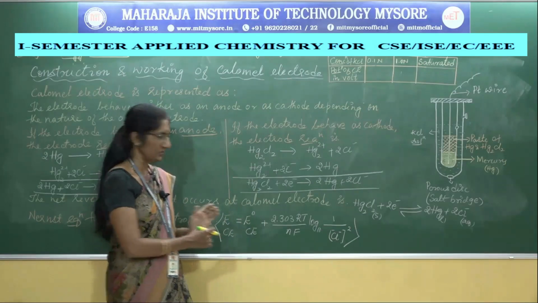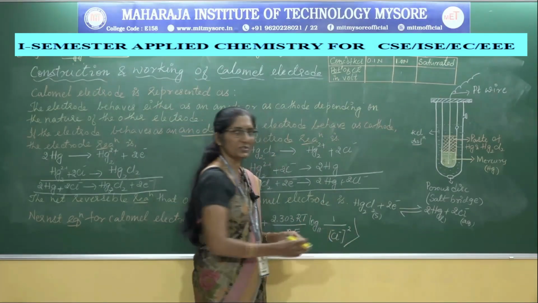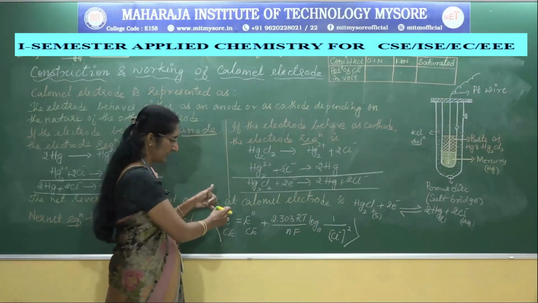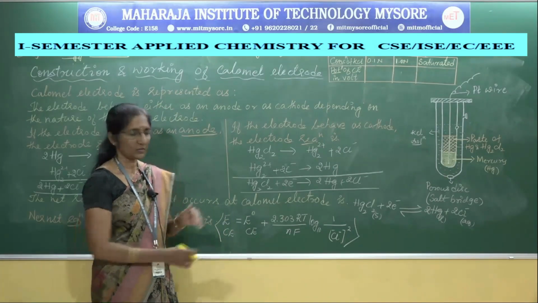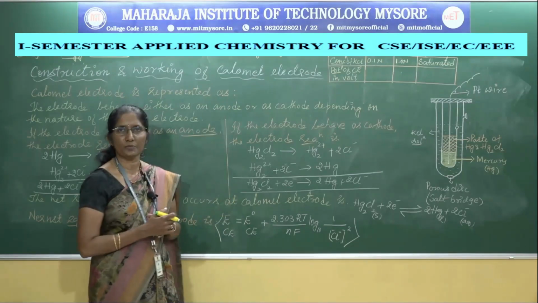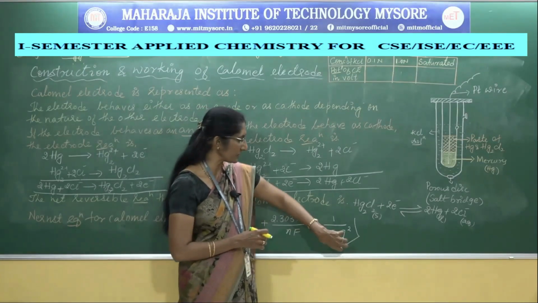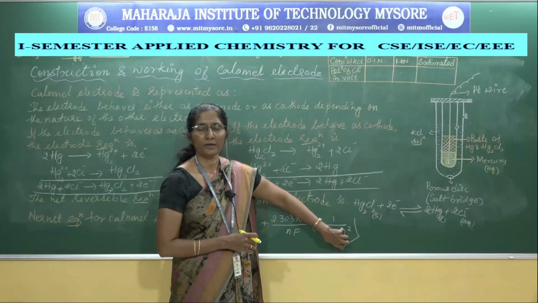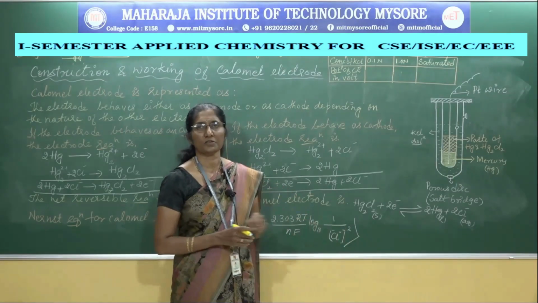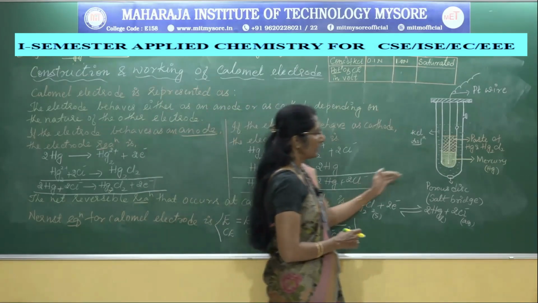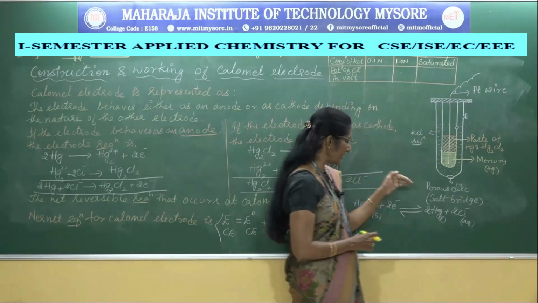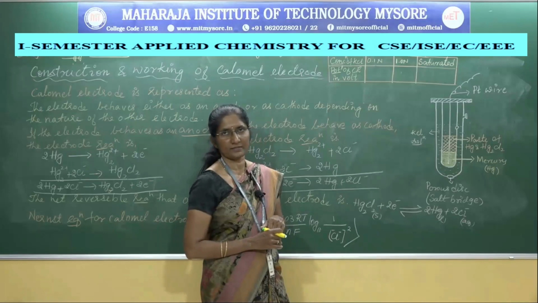As the concentration of chloride ion increases, the electrode potential of the calomel electrode decreases. So the potential of the calomel electrode depends upon the concentration of the KCl solution.